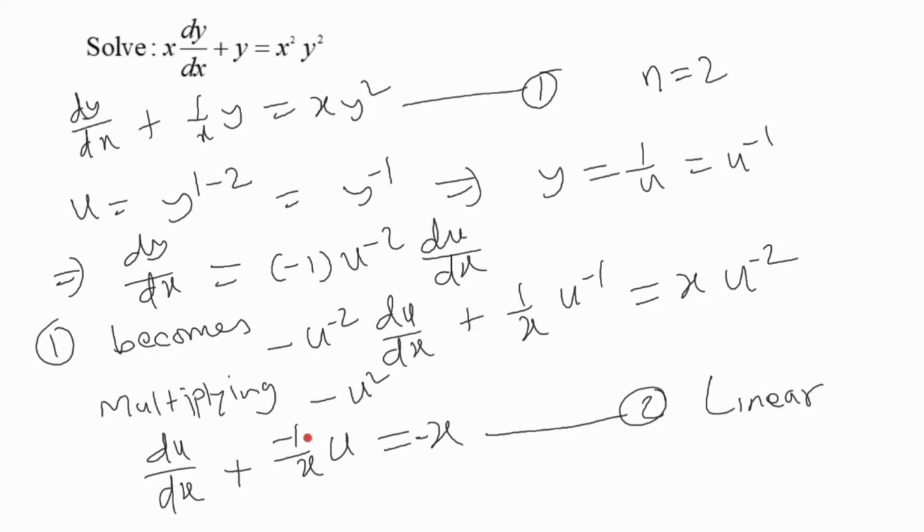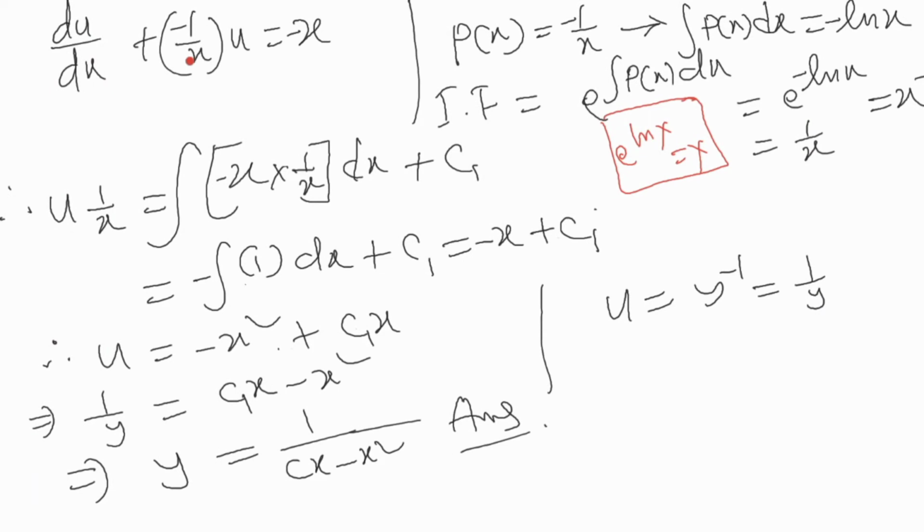Now we get a new equation du/dx + (-1/x)u = -x. So this is a linear equation. We can solve this equation using the integrating factor method.